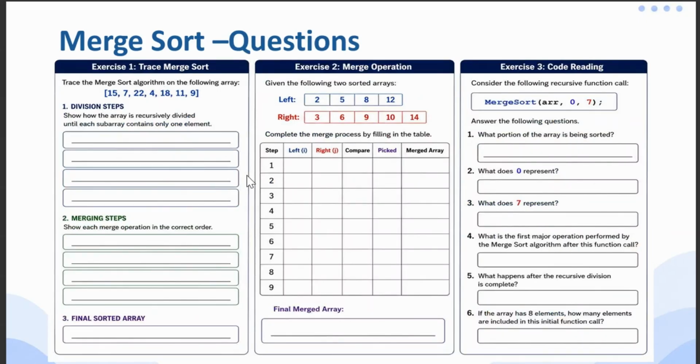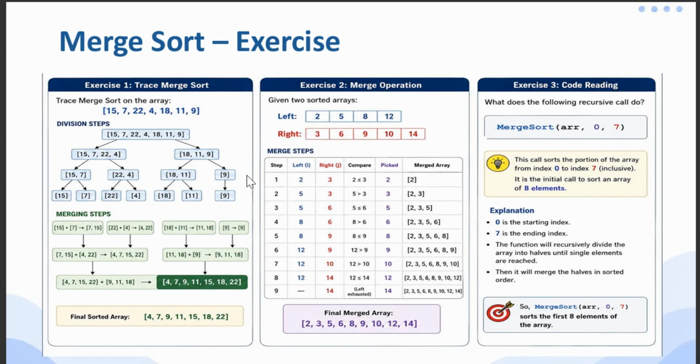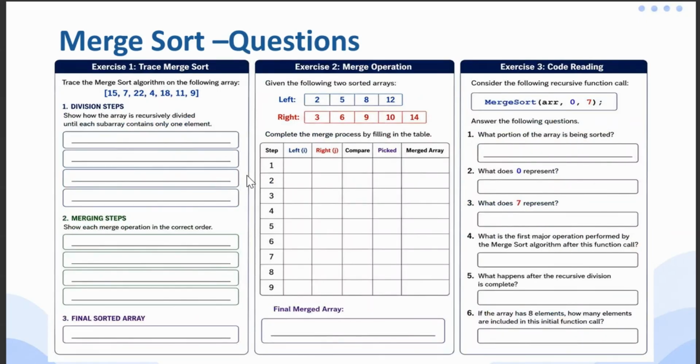And then what does 0 represent, what does 7 represent, what is the major operation performed by the merge sort algorithm after the function call, what happens after the recursive division is complete, if the array has 8 elements, how many elements are included in the initial function call. So what portion of the array is being sorted?